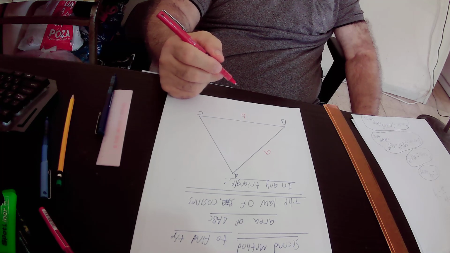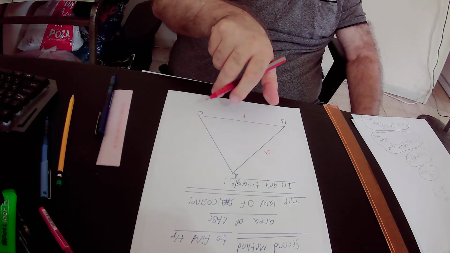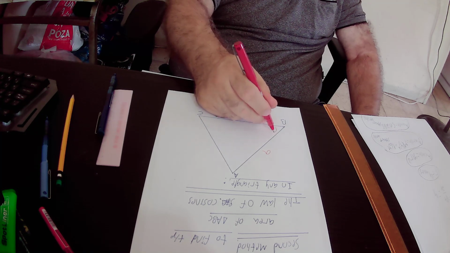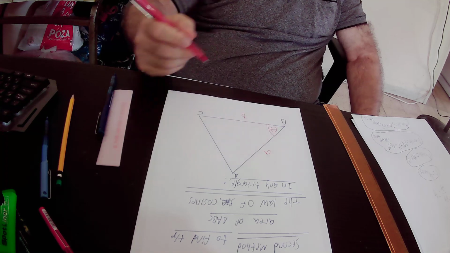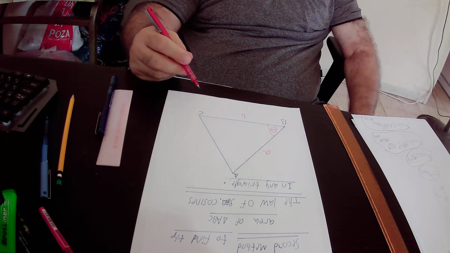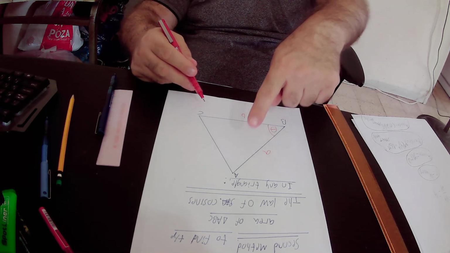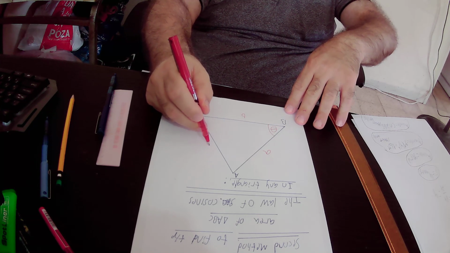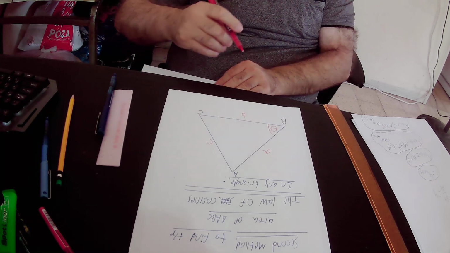And we also know that the angle between side AB and side BC is theta. And we know that the size of side AC of this triangle is C units.